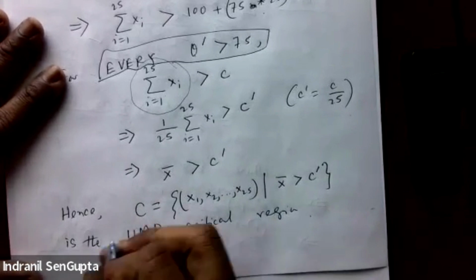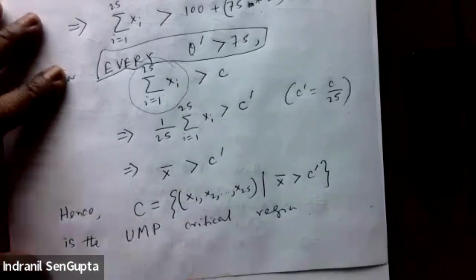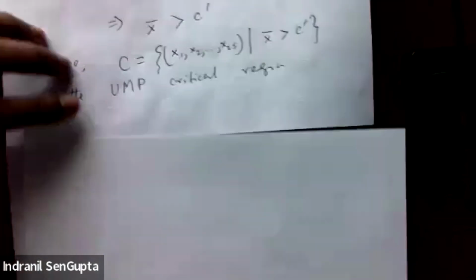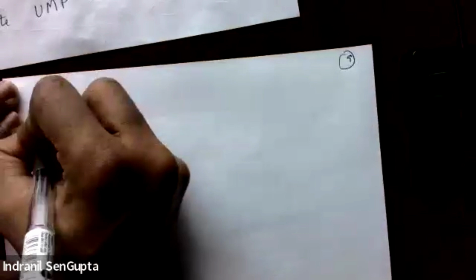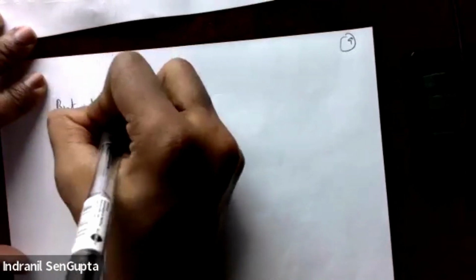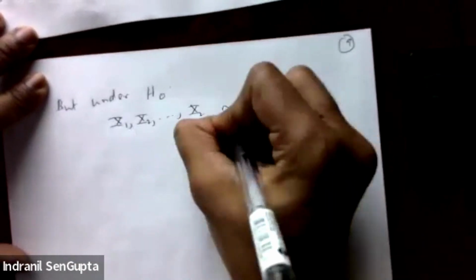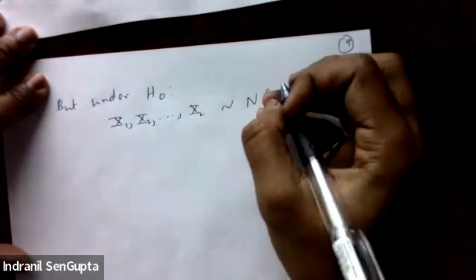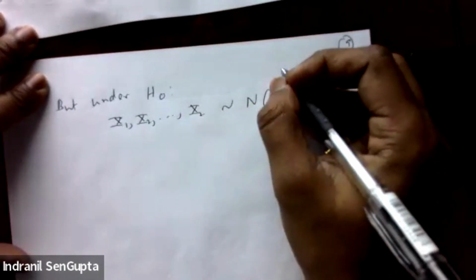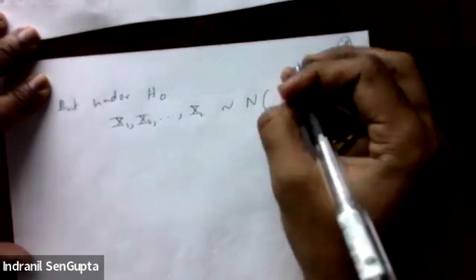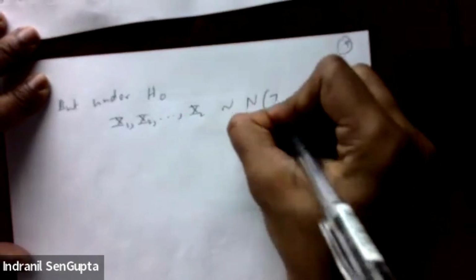But we know that under the null hypothesis H0, x1, x2, up to x25, each of these random variables follows a normal distribution with mean 75.